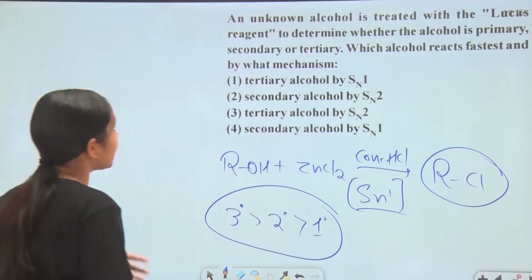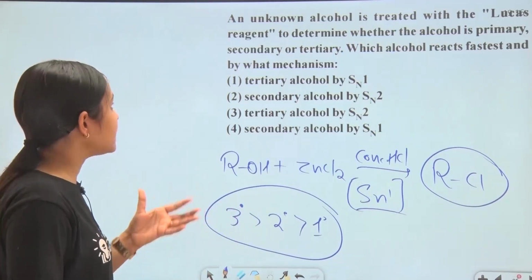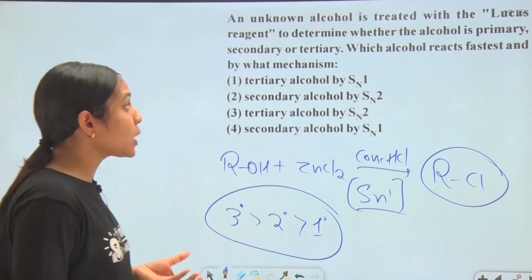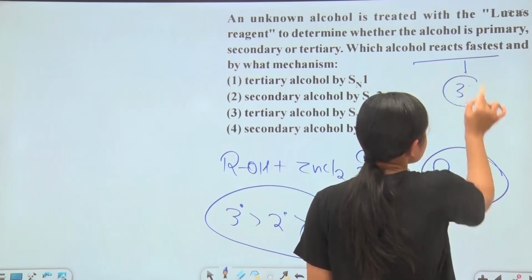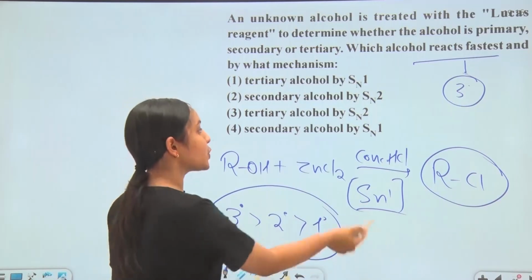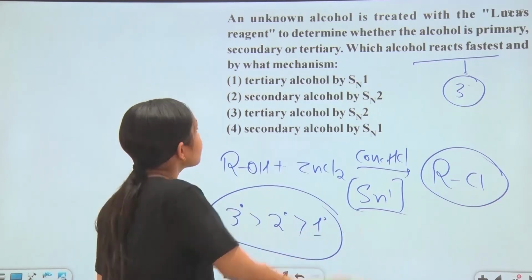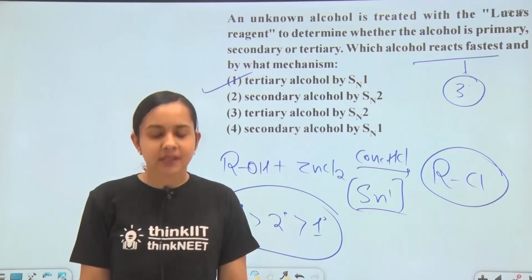Now the question is, which alcohol reacts fastest? So tertiary alcohol reacts fastest because it can form the more stable carbocation. And by what mechanism does the reaction proceed? Always by the SN1 mechanism. So tertiary alcohol by SN1, option 1 is the correct answer. Thank you.